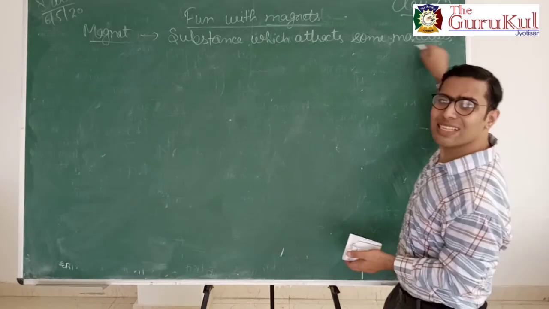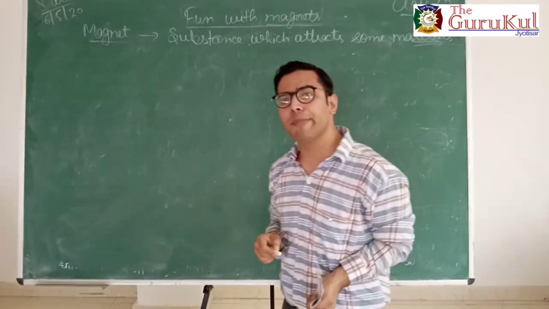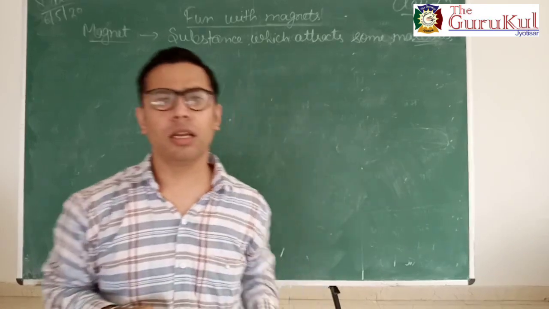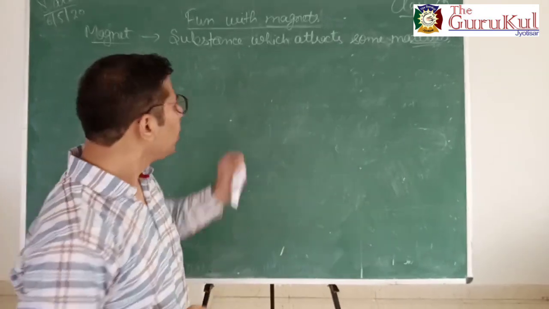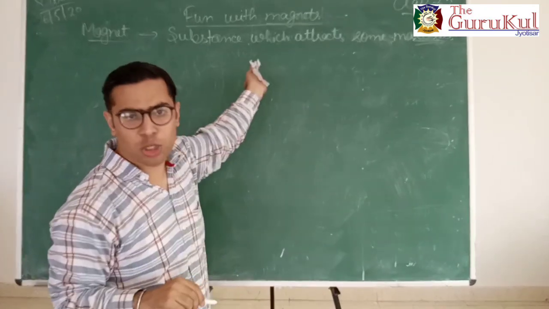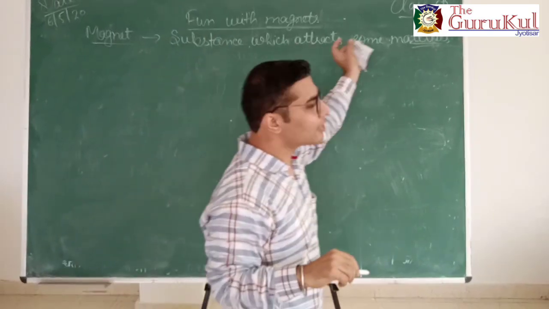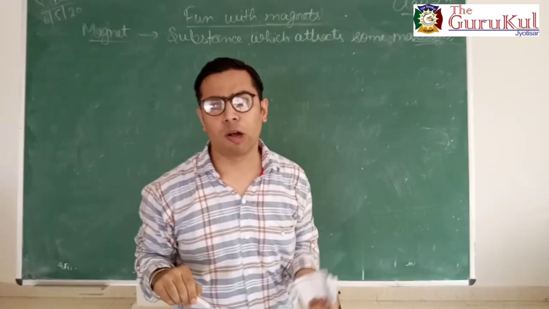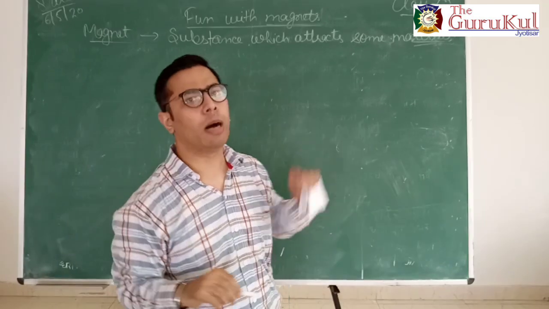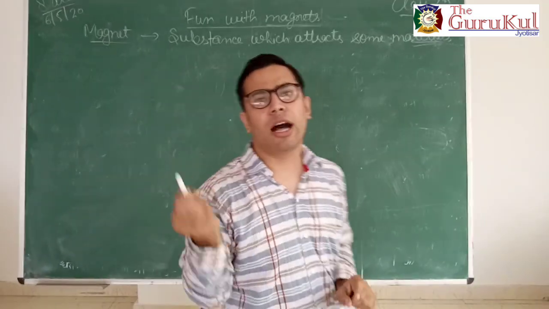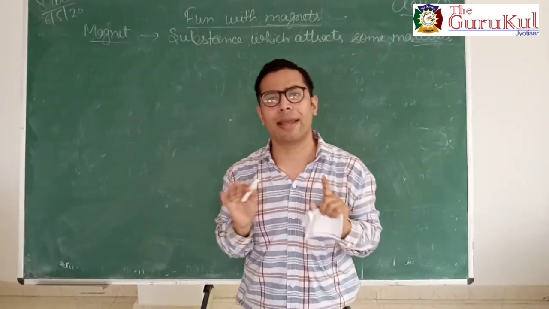Now what are these materials? These materials can be iron, nickel, or cobalt. So a magnet is a substance or a material which attracts some materials which are made up of iron, nickel and cobalt.